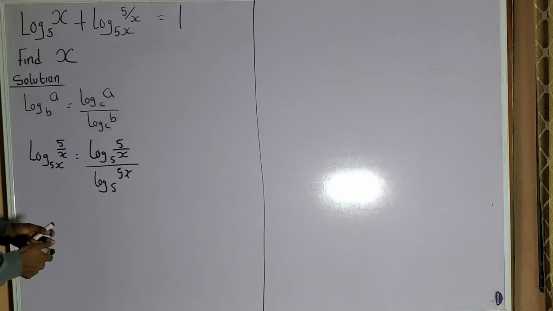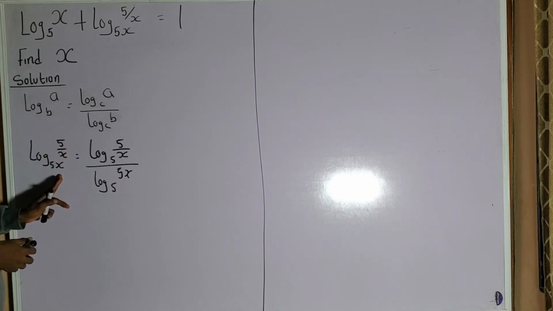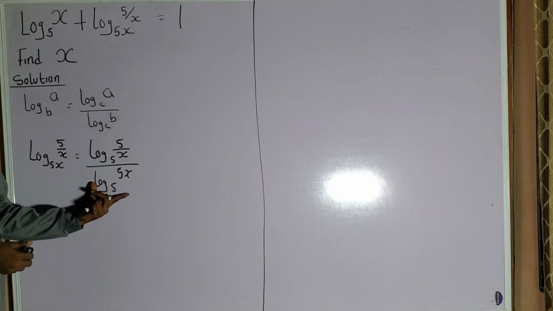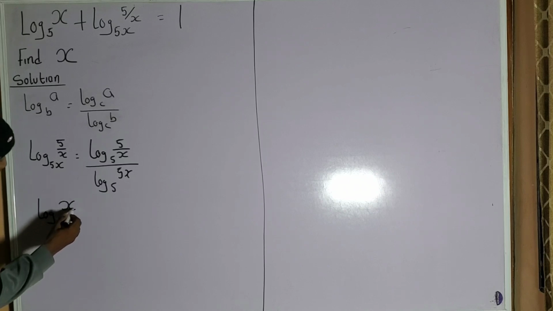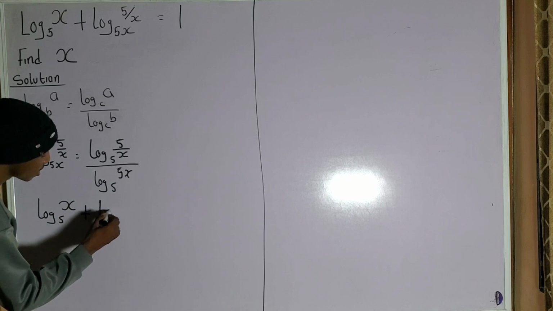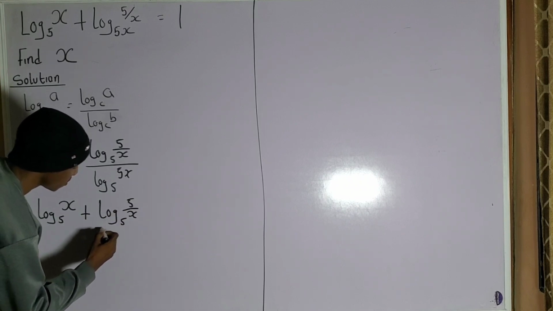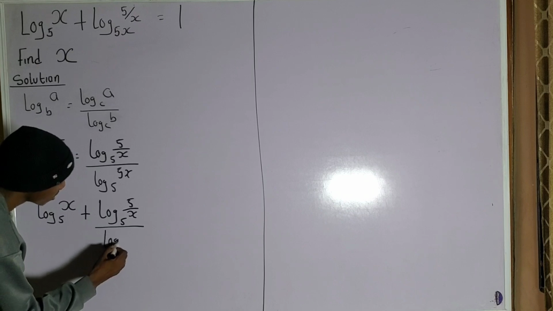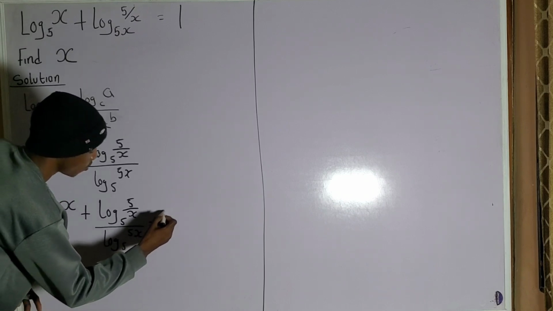Okay, so now instead of log 5 over x base 5x, I'm going to replace it with this. So the logarithmic equation becomes log x base 5 plus log 5 over x base 5 all over log 5x base 5. This will be equals to 1.